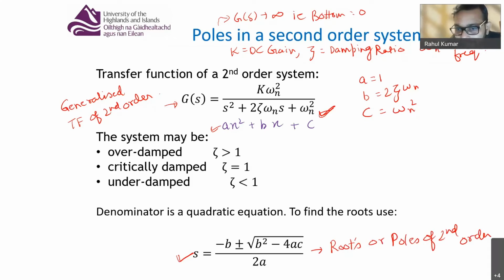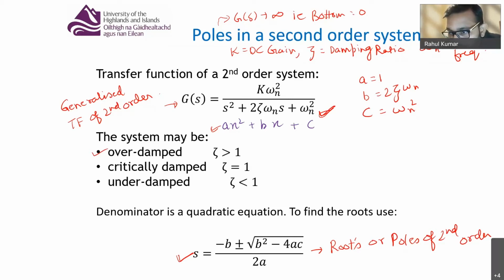Now let's take these conditions one at a time. Let's take the first condition, which is the overdamped system, where zeta will be greater than 1.